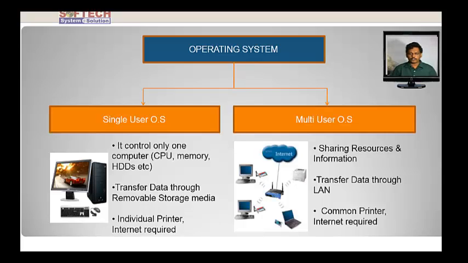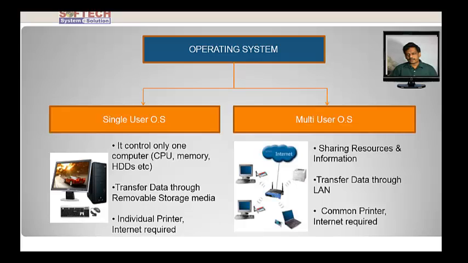The first computer requires one printer, the second requires another. So it requires 3 printers, 3 modems, 3 internet connections, because it is not connected with the others. So it is standalone.